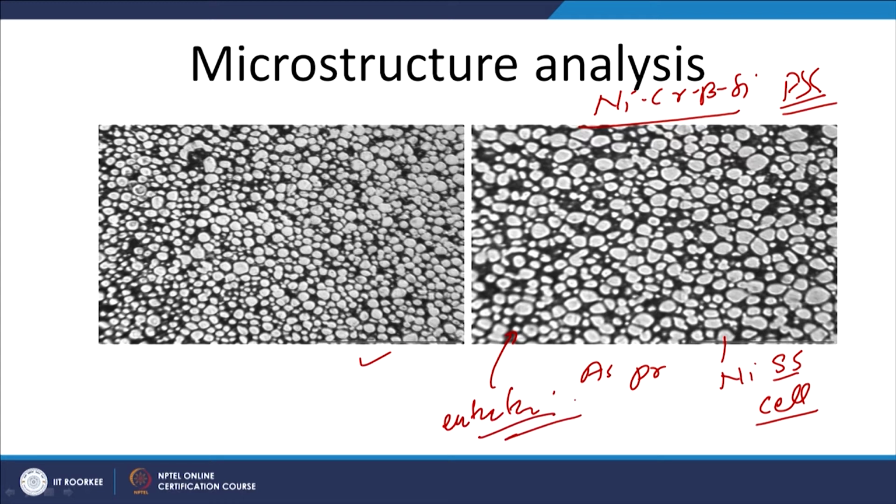The average size of the nickel solid solution cell is coarser in this case, around 35 to 40 micrometer, while after grain refinement this size was reduced to around 20 micrometer average grain size of the nickel solid solution cells.